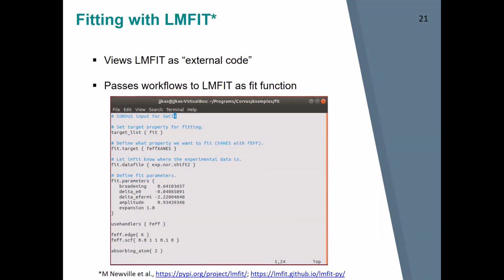I'm just kind of starting with some small molecules. And then, up here in the future, instead of using a property called FEFF XES IR IXS, it will just be XANES. And then you can let the workflow machinery decide which handler it should use to calculate the XANES.